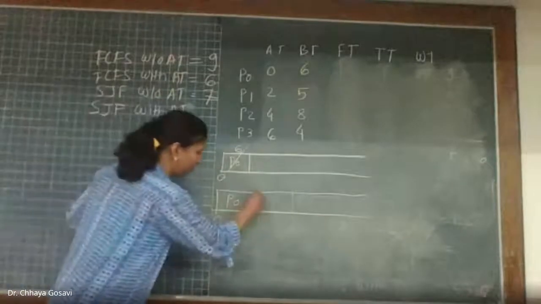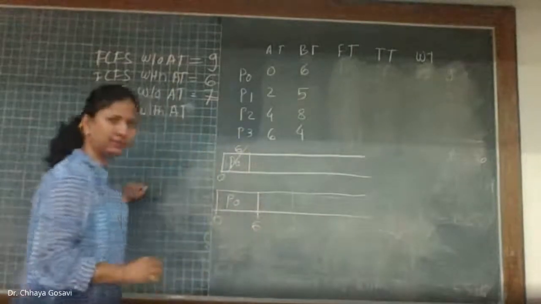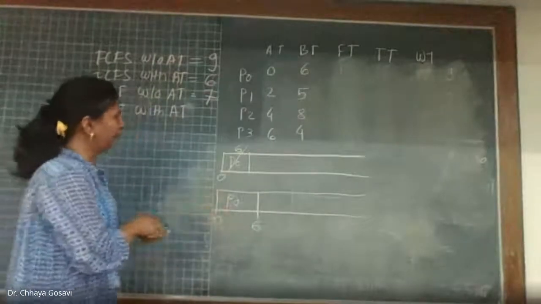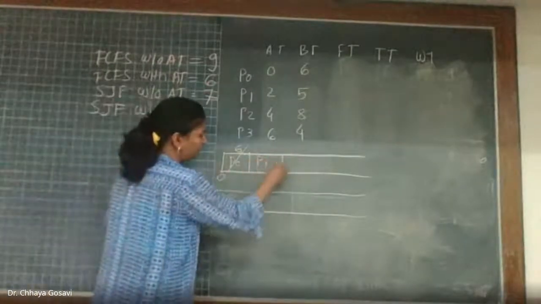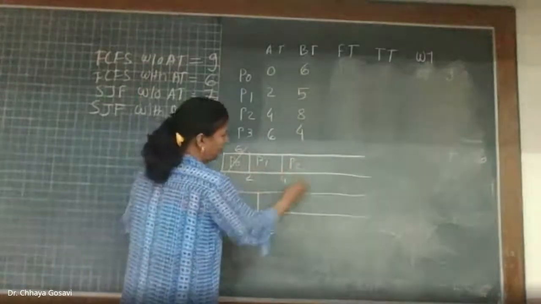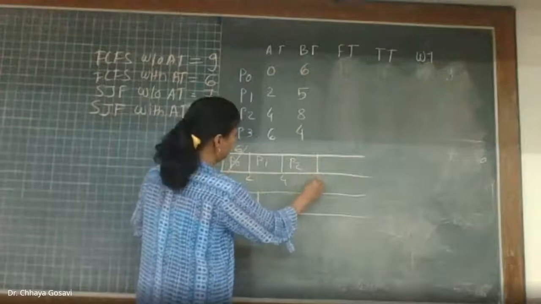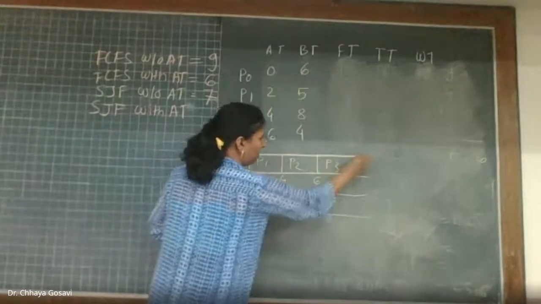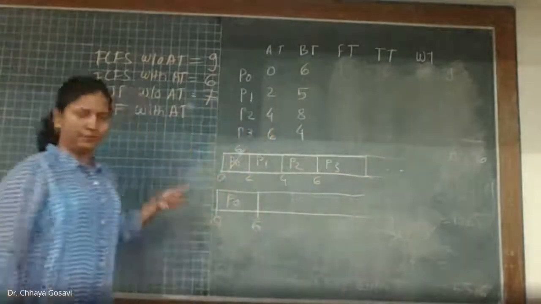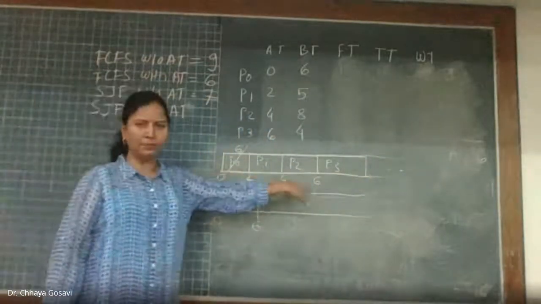So it will execute for complete 6 cycles. And while this process is executing in CPU, in the ready queue, other processes arrive: P1 at 2, P2 at 4, and P3 at 6. So all processes arrived in the ready queue at particular time instances.